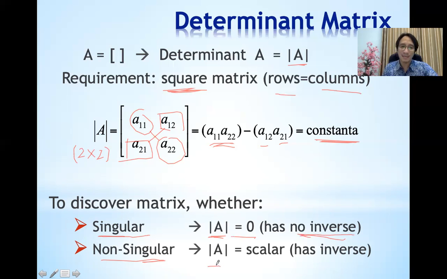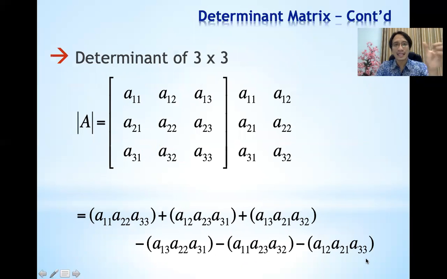But if the determinant is a scalar, positive or negative, as long as it is a constant or number, then the matrix is defined as non-singular, or it has an inverse. If it has a determinant, then it has an inverse.